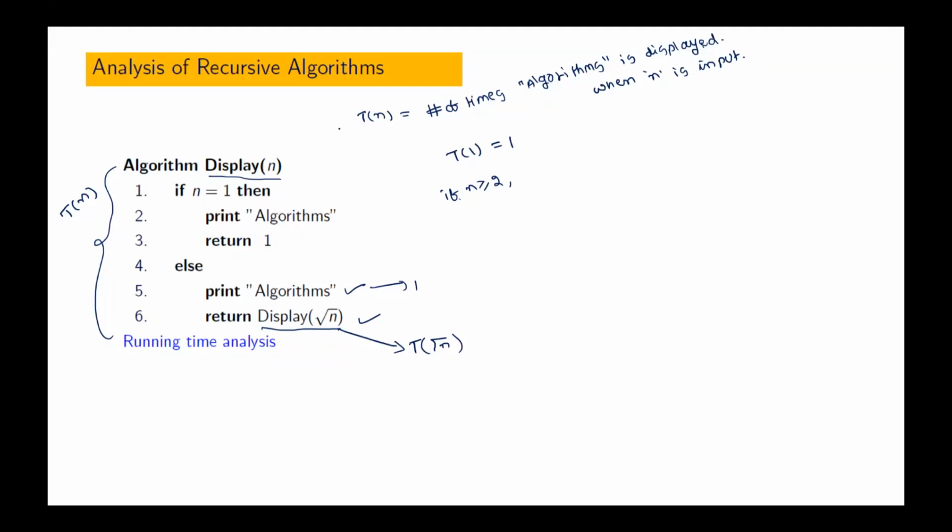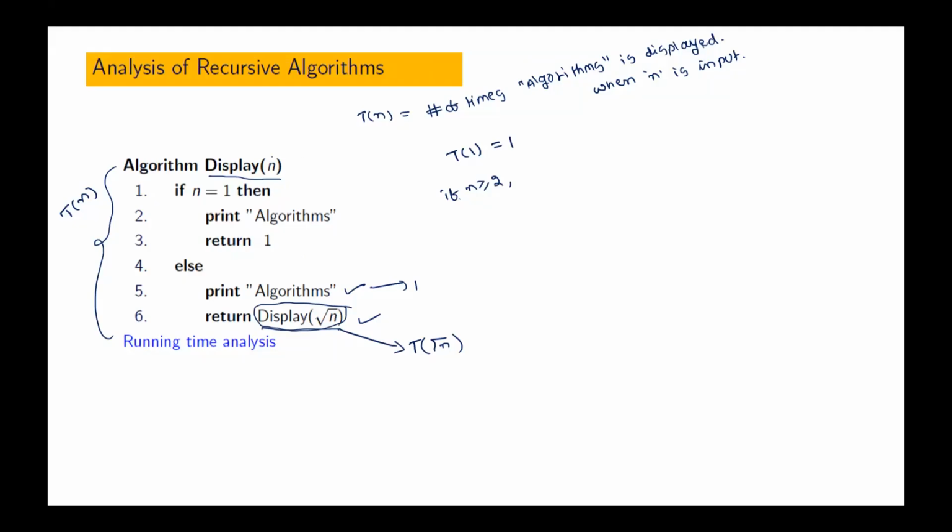When n is input, madam, the number of times it is printed is T of n. When root n is input, this is the same algorithm. In place of n, we have root n. Then the time it takes is T of root n. We are not doing anything literally; whatever T of n is there, I am replacing with root n. Correct?